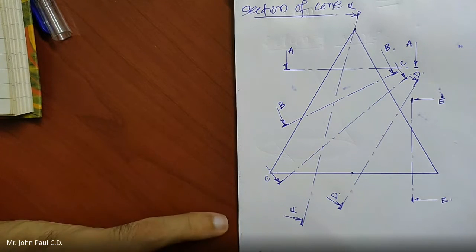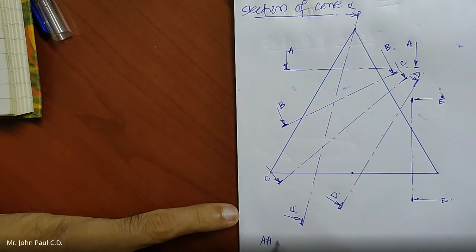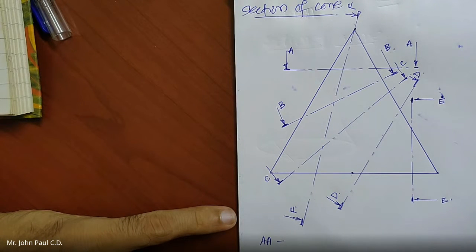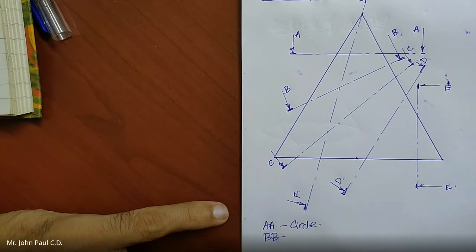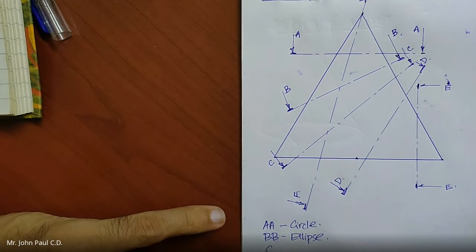So I'll name which shapes I'll get. AA, what will be the shape? Circle. Yes, that will be a circle. Then BB, ellipse. Yes, ellipse. Then CC is actually a hyperbola.